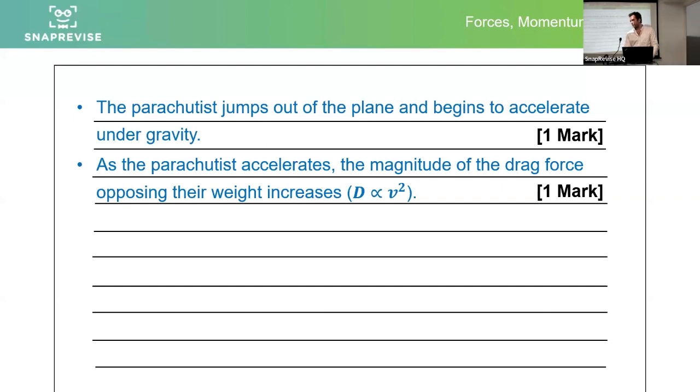As the parachutist accelerates, so their velocity increases, the magnitude of the drag force opposing this motion increases. I've written the drag is proportional to v squared. I referred earlier to an equation in your formula sheets, your formula books.